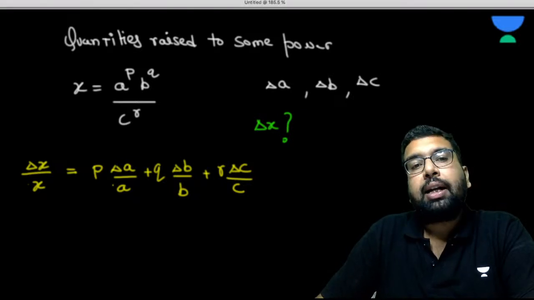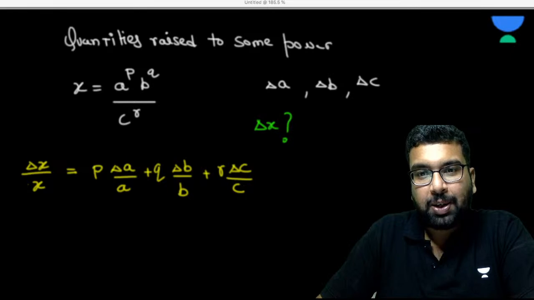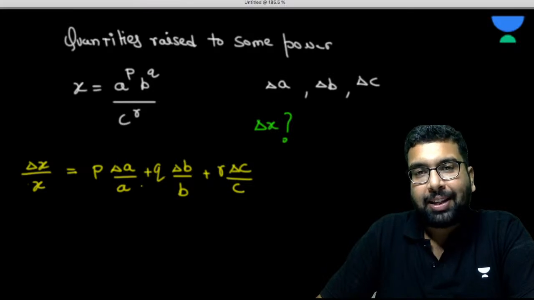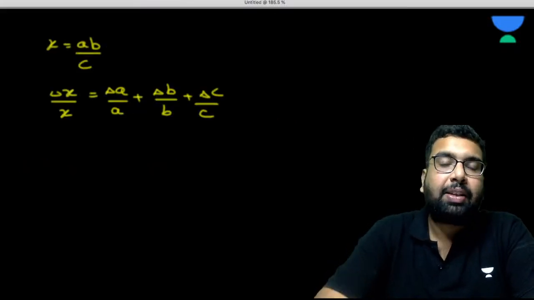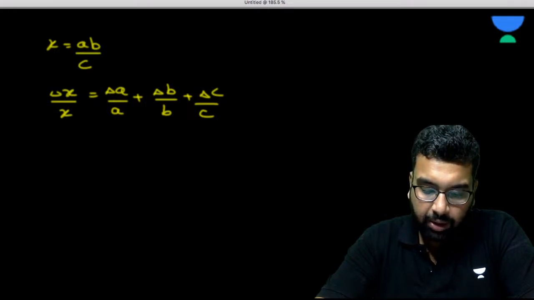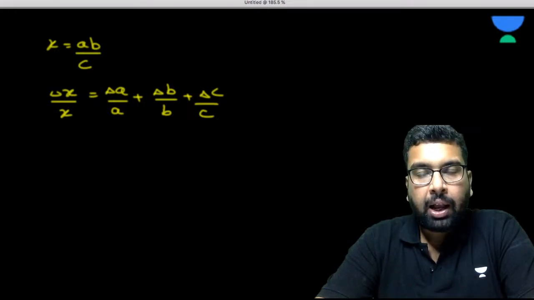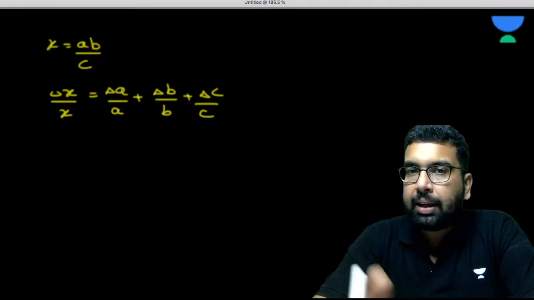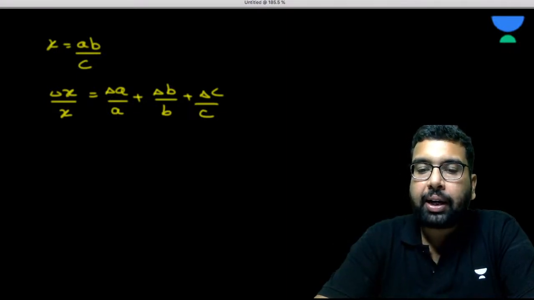So here delta x by x is equal to p delta a by a plus q delta b by b plus r delta c by c. Simply, as I was saying, if x is equal to ab upon c, it has no power, so you can write it like this.